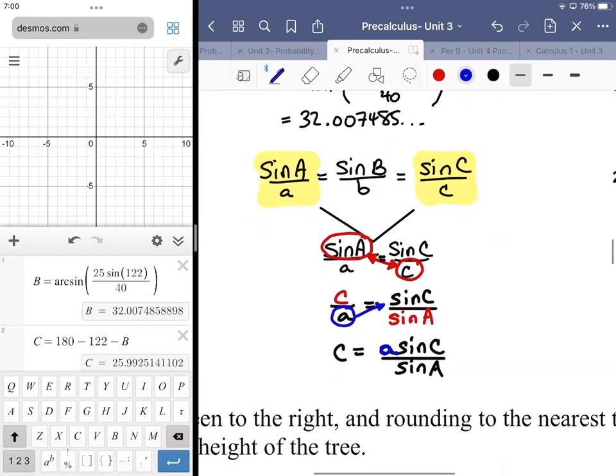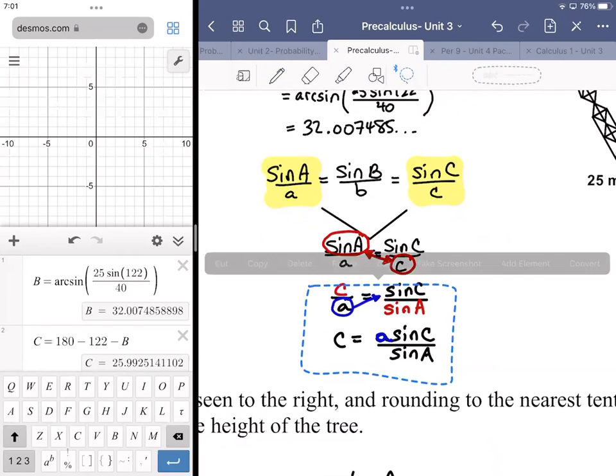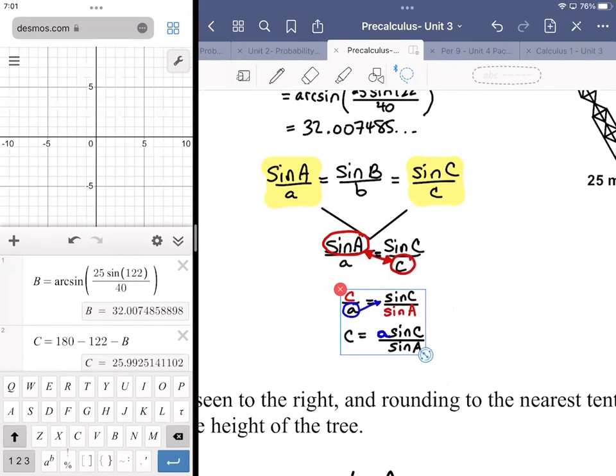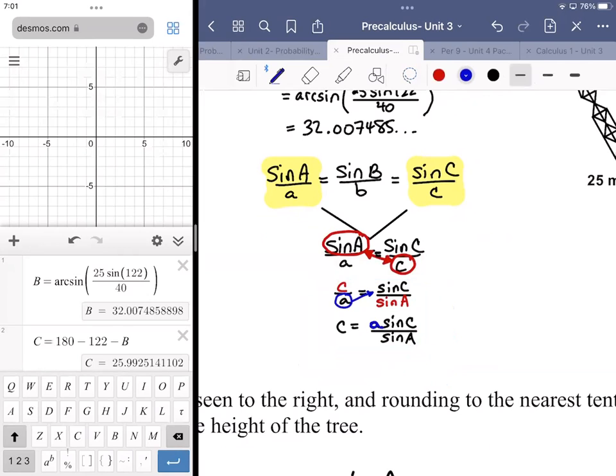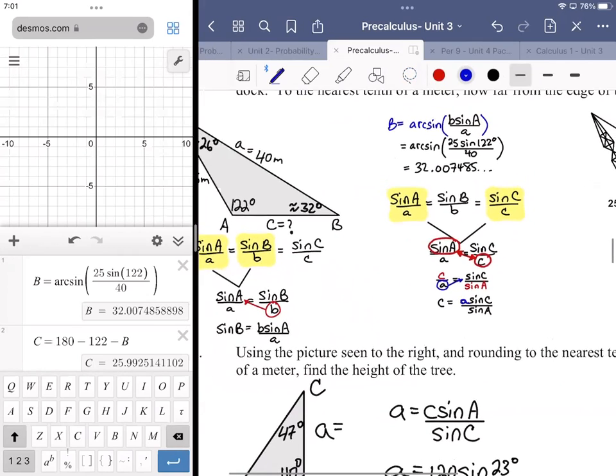Keep my color code. Right. So now I have the relation that gets me side C. All right, so now I just got to plug some numbers in. I know that side A is 40.